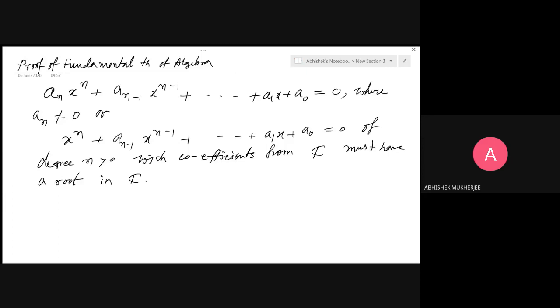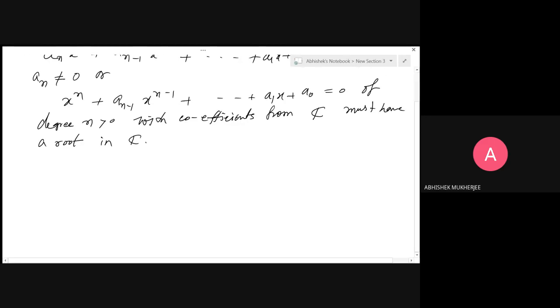Now let us move to prove this theorem, the fundamental theorem of algebra, using the fundamental group of a circle. So let me begin with the equation that I have considered here.